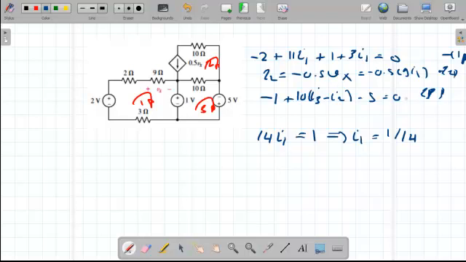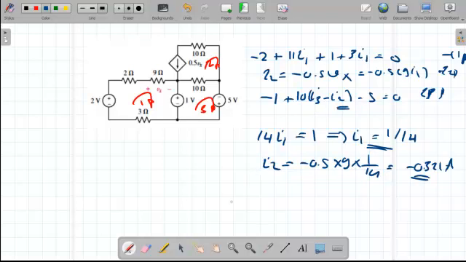Then from the second equation, we see that I2 equals minus 0.5 times 9 times 1 over 14, which equals minus 0.321 amp. From the third equation, we can find I3. We just substitute with I1 and I2, and we have only I2 here, so we solve for I3.